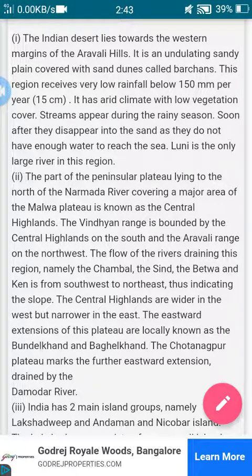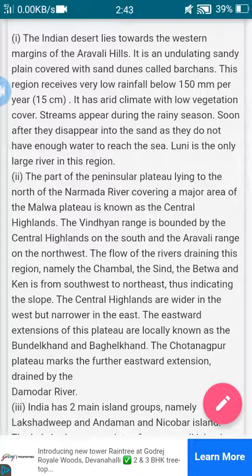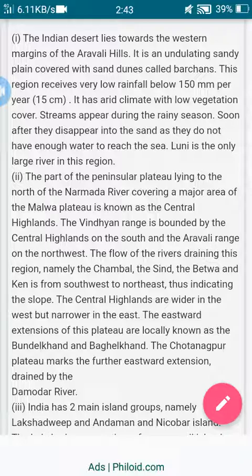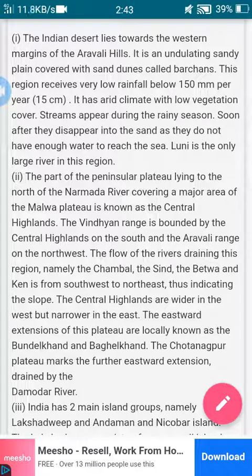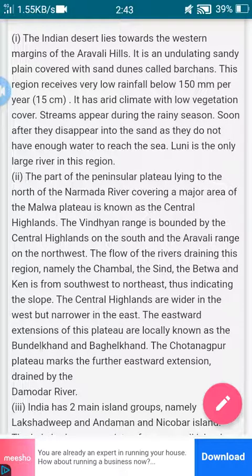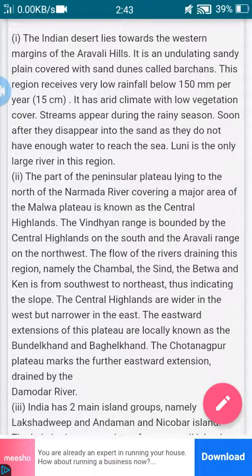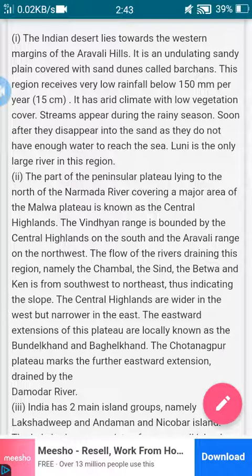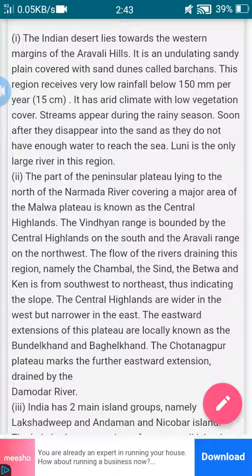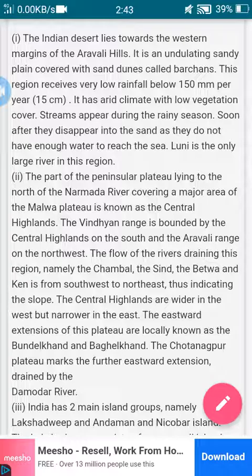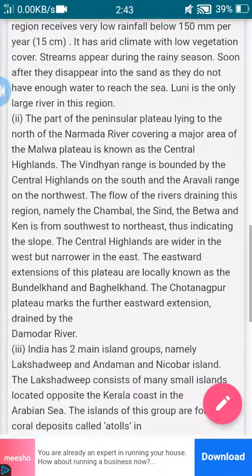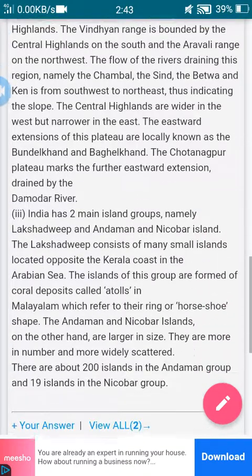The flow of the rivers draining this region, namely the Chambal, the Sind, the Betwa and Ken, is from southwest to northeast, thus indicating the slope. The Central Highlands are wider in the west but narrower in the east.